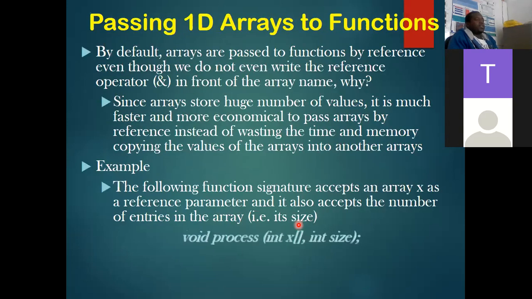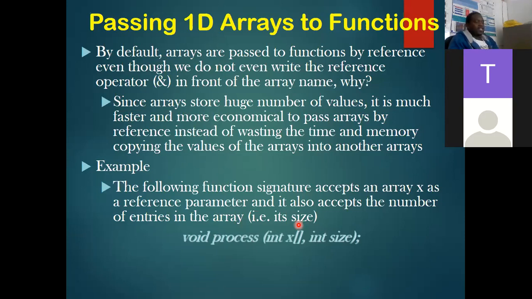Then passing 1D arrays to functions. By default, arrays are passed to a function by reference, even though we do not write the reference operator, the ampersand, in front of the array name. This is because arrays store a large number of values, and it's faster to pass arrays by reference instead of wasting time and memory copying values into another array, right?